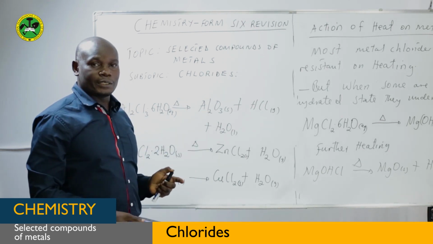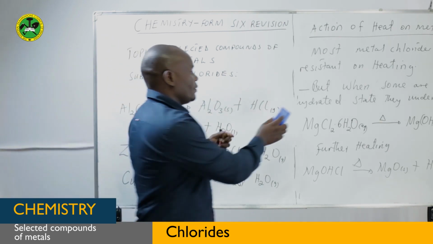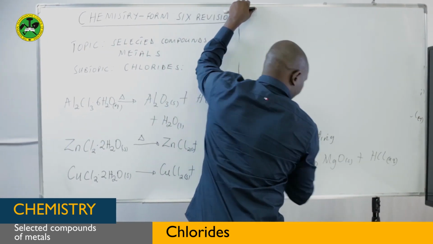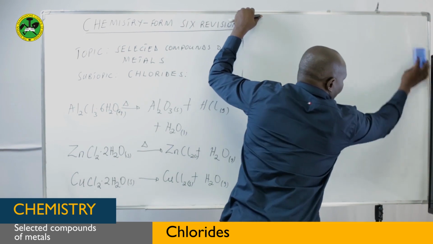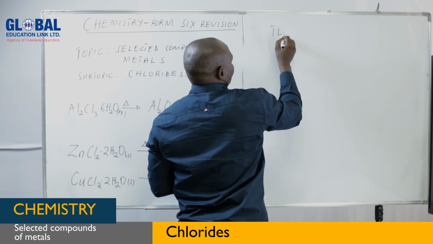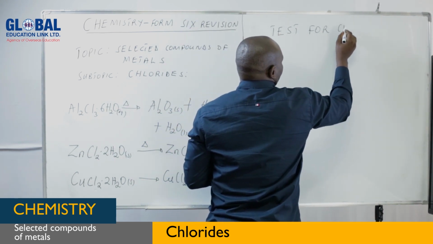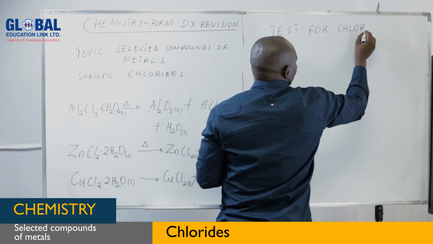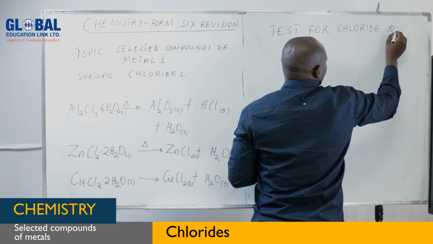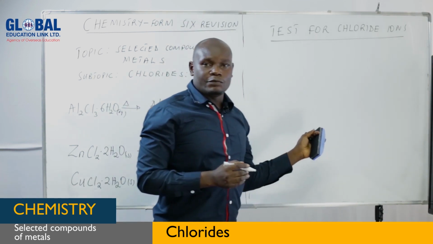So let us now consider how you can identify that these compounds contain chlorides or are metal chlorides. We have what we call the chemical test for chloride ions, and this is applied in qualitative analysis.